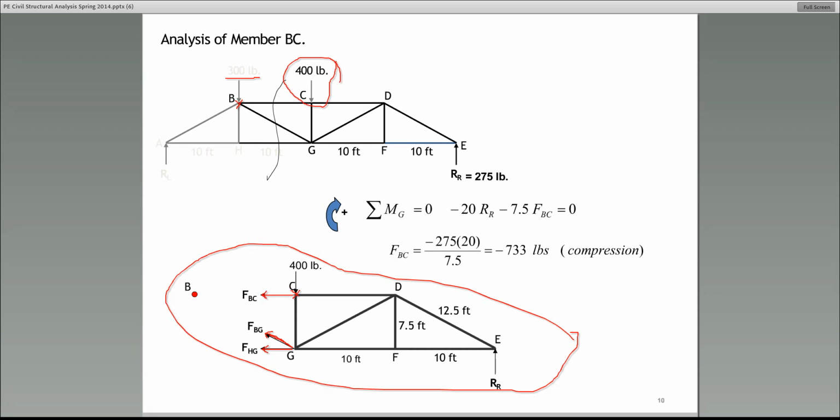What do we do next? Well, remember, we want to find the force in member BC. So this is the unknown. What do we need to do? Who can tell me what's the easiest way to find the force in member BC? Who can tell me?